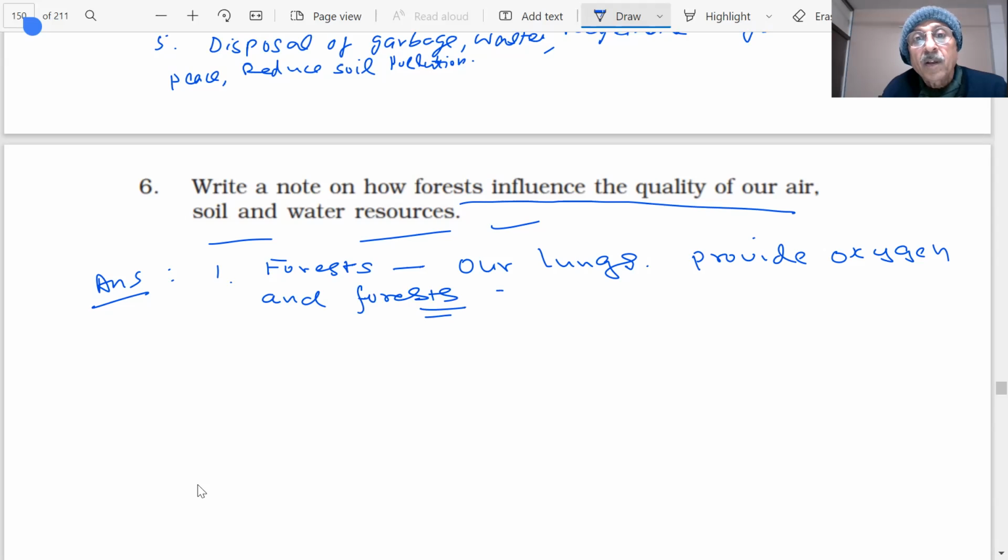They absorb carbon dioxide during photosynthesis.